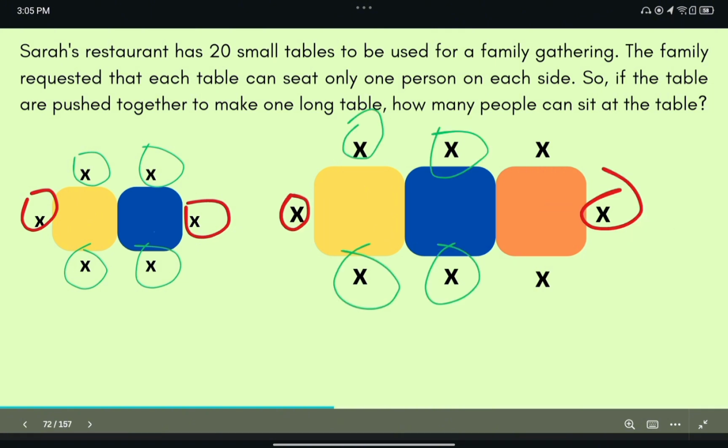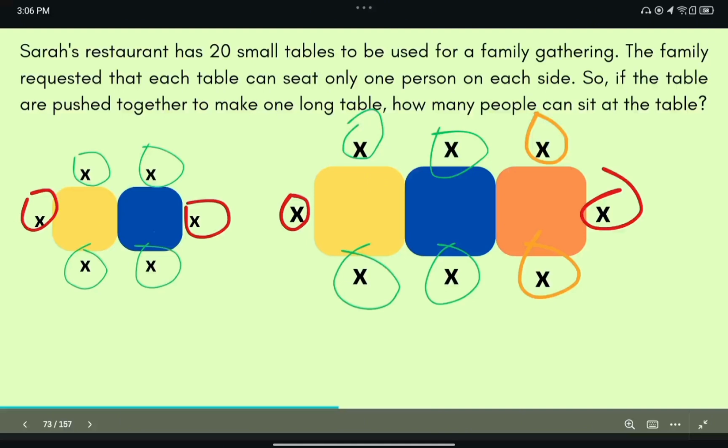So, the green circle represents yung dating nakaupo, and the orange circle represents the new seat na nag-add pag-add din natin ng new table. So when we had 3 tables, we had 6 people sitting on the outside, but when we had 2 tables, we had 4 people sitting on the outside.